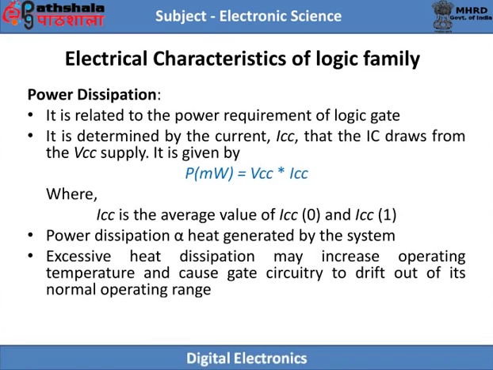ICC is the average value of IC0 and IC1, that is the current demanded at logic 0 and the current demanded at logic 1. Power dissipation is the heat generated by the system. Excessive heat dissipation may increase operating temperature and cause gate circuitry to drift out of its normal operating range.